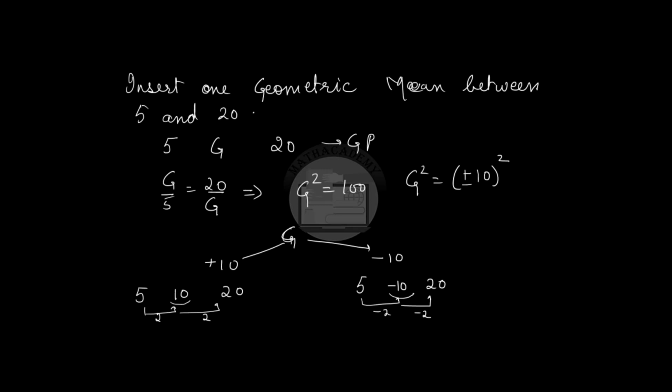Please remember that between two numbers a and b, we can insert as many geometric means as we want. So if we are inserting n geometric means between a and b, it is a geometric sequence and a becomes the first term.